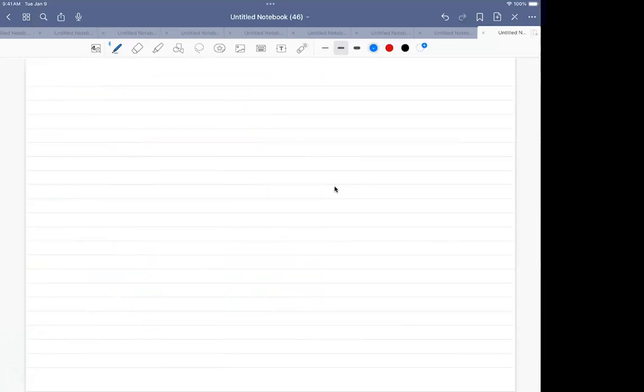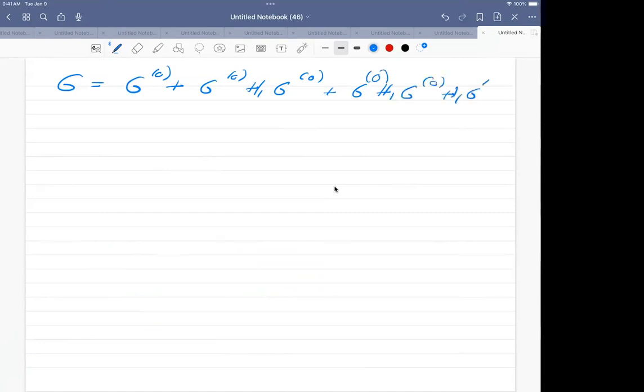So if you look at the perturbative expansion we have for G in terms of the unperturbed case, we have a G0, and then we have this H of I, a G0, H of I, G0, H of I, G0, and then plus plus.